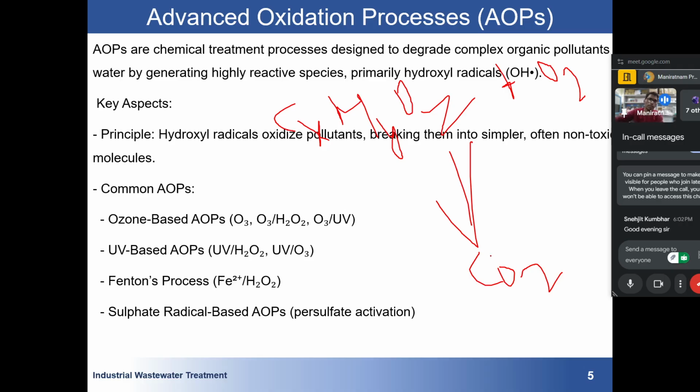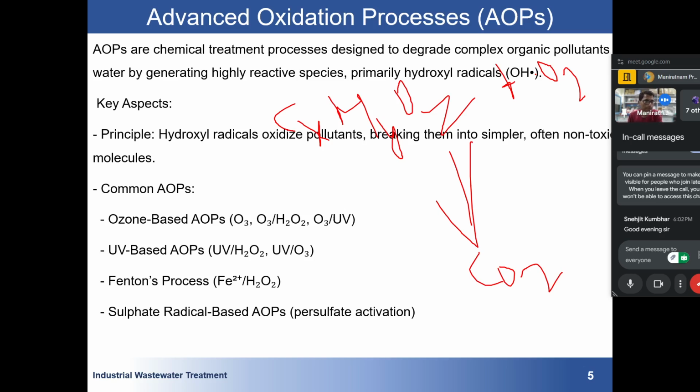Now in advanced oxidation, instead of O2 we will be using some more oxidizing material such as hydroxyl radicals, that is OH dot. This is the way to write hydroxyl radical, OH then dot. It is very reactive.